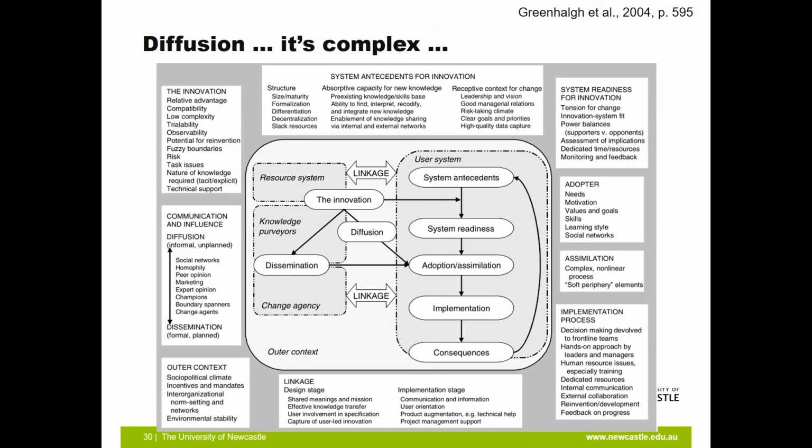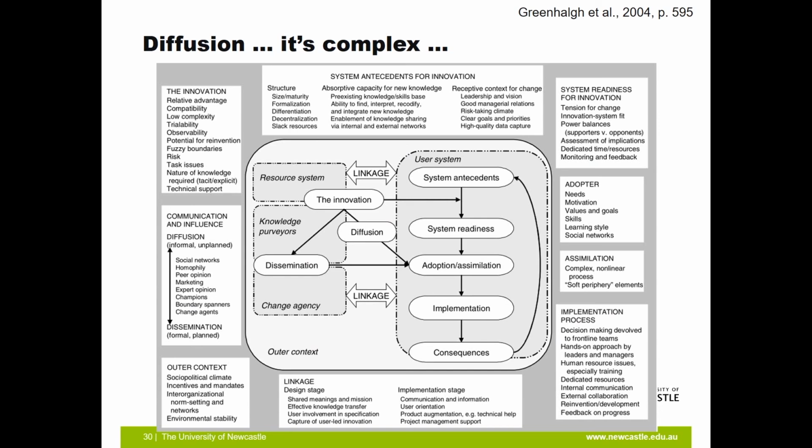Now, that's quite a scary slide and quite a scary visual diagram there, so I don't expect you to memorise that or know every part of it. It's simply to show that diffusion is a very complex process. So there are lots of different facets involved in it, from the individual adopter themselves through to the organisational system that you're embedded in, through to the context and external environment outside of your organisational system, etc. So don't get hung up on this slide.